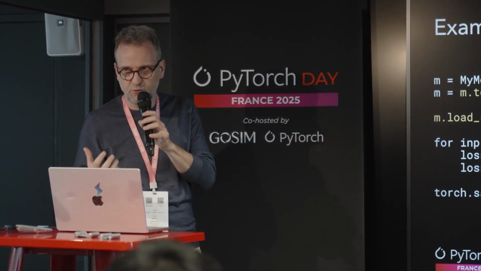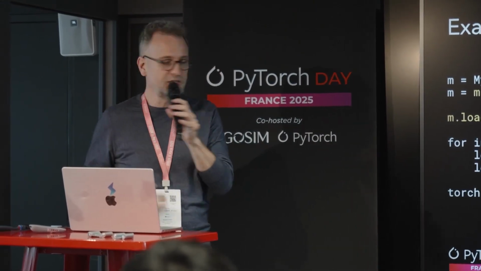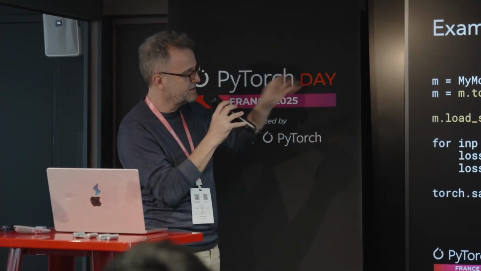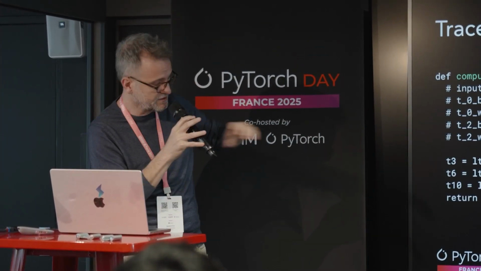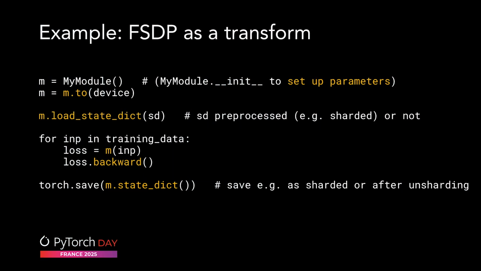And then if you want, for example, to add FSDP ZeRO-3 from DeepSpeed as a transform, what do you do? We want to apply it here. You need to act at different places. One is you want to move the module to your device, but you don't want to do it too early, otherwise you go out of memory.